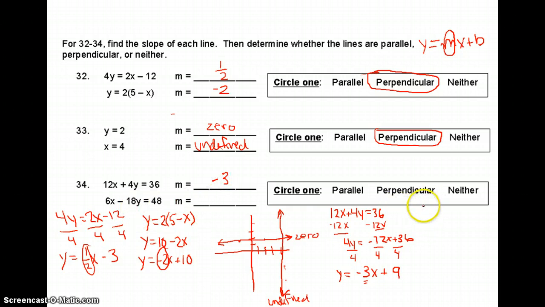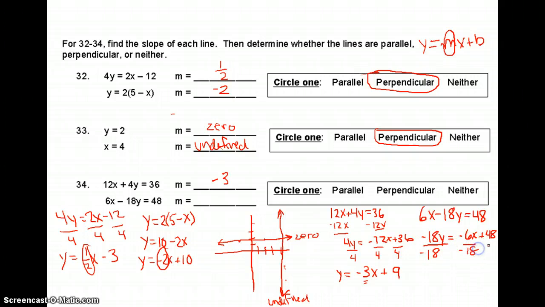Next we have 6x minus 18y equals 48. Putting that in slope-intercept form, I'm going to get rid of the x first, so that gives me negative 18y equals negative 6x plus 48. And I'm going to divide everything by negative 18.